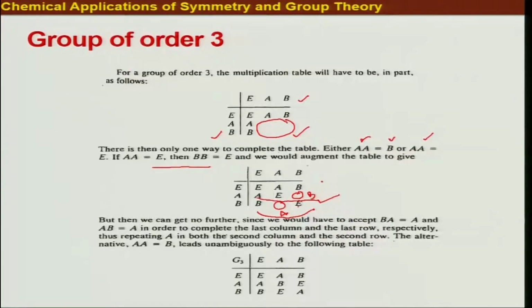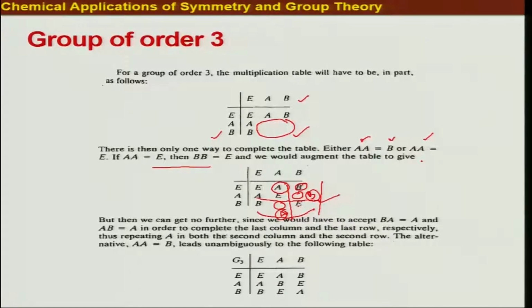But when you look at the column side, you have a repetition of the same element. In the second one you have A twice, while here you have B twice. That is completely disallowed. So that means we cannot have a condition which is AA equals E or BB equals E. Then what are we left with?